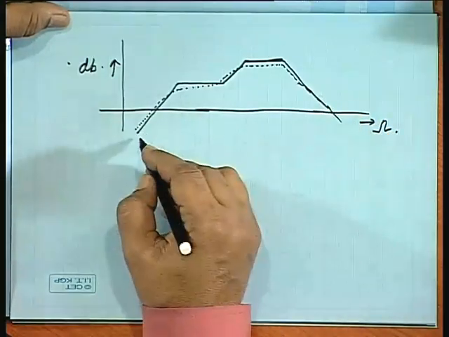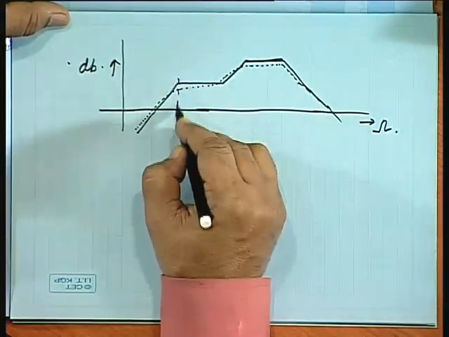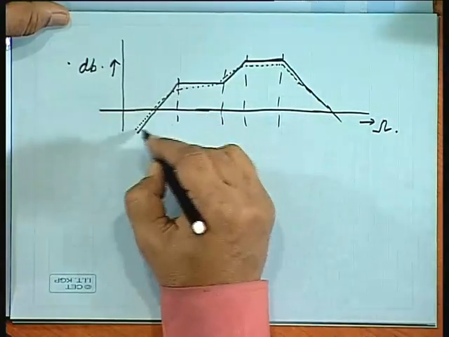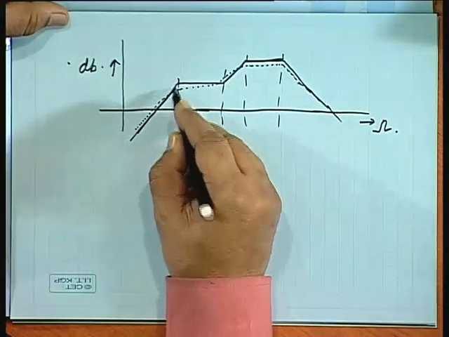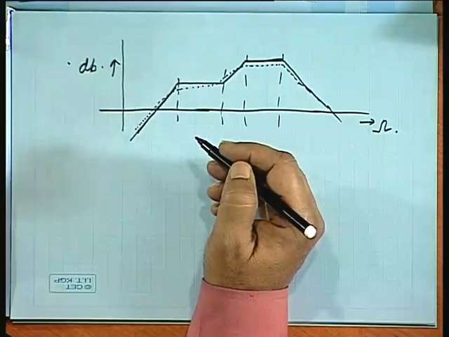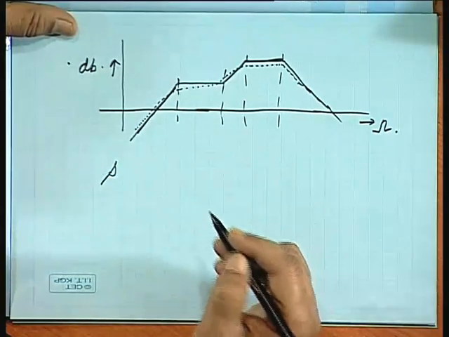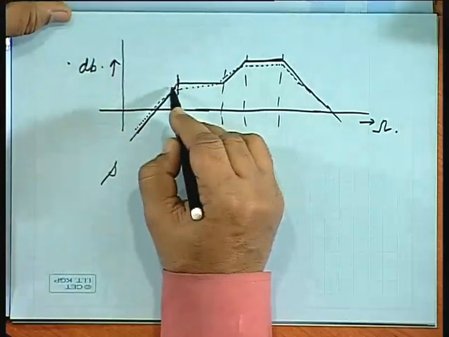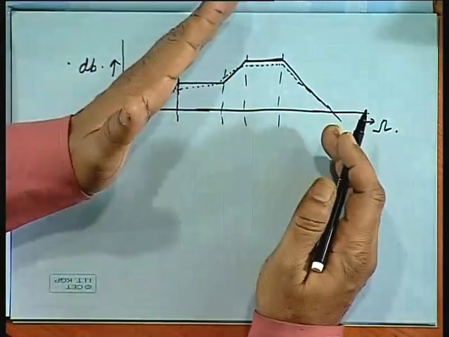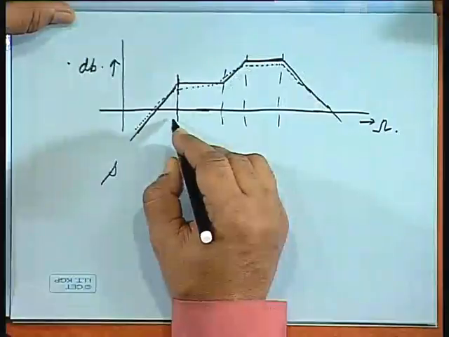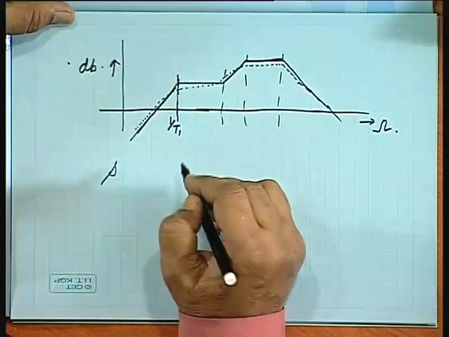So, with these clearly separated frequencies, you can see there is a rise here. This corresponds to a term like S in the numerator. Then there is a break, 20 dB per decade fall has been added here. So, corresponding to this frequency, say 1 by T1, there is a fall here.